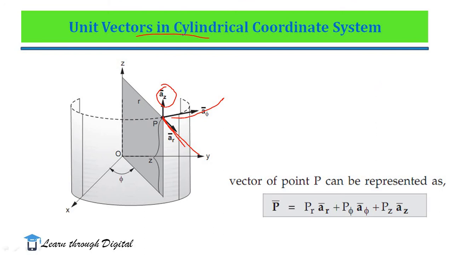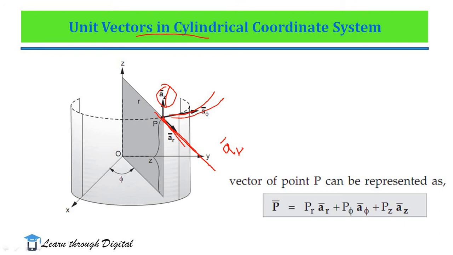So this is the unit vector along the z axis, and this is the direction of phi, so it is the a phi vector. Here this is the radius in the radial direction, and the unit vector is the ar vector.